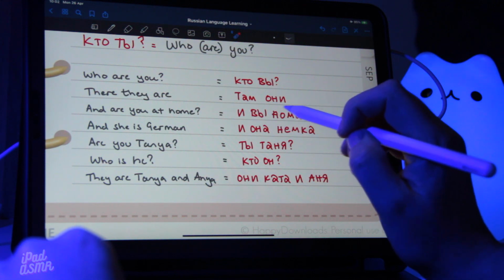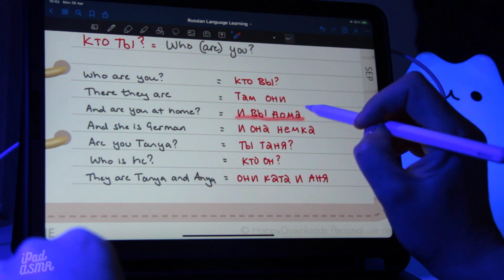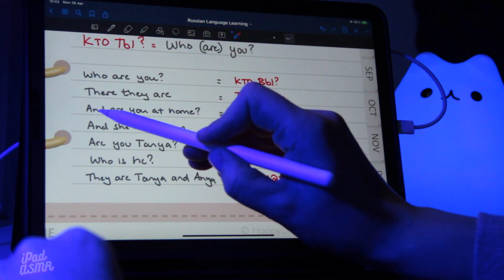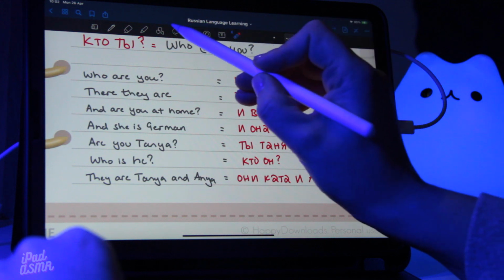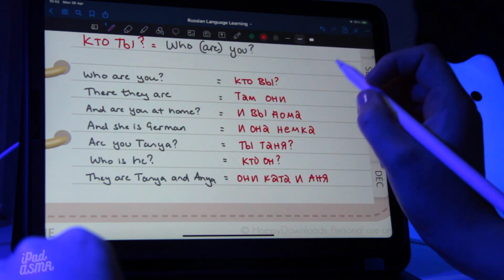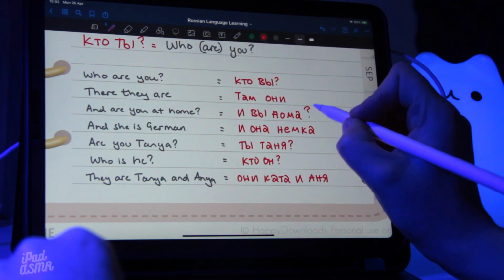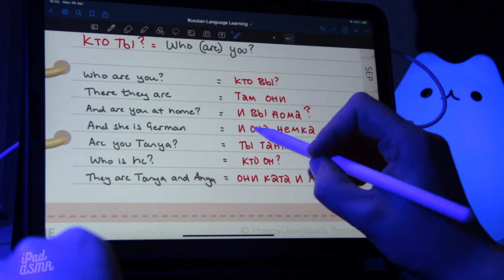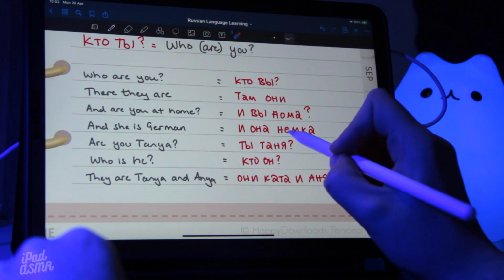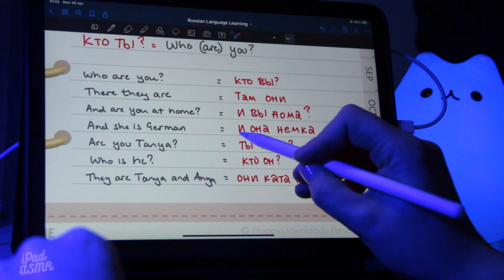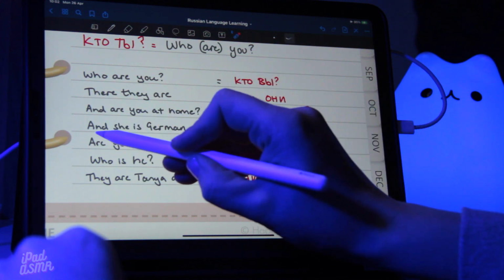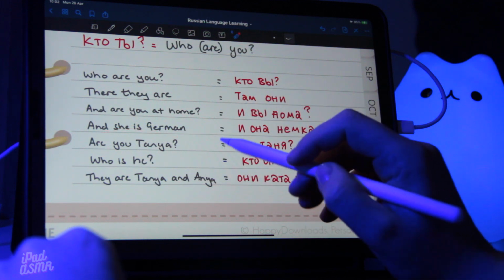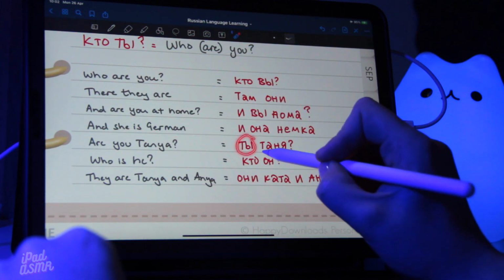I vy doma? And are you at home? Or and you home? Let's put a question mark there. I Anna nemka. And she is German. Ty Tanya?